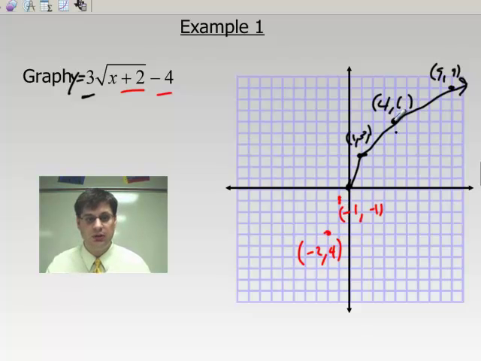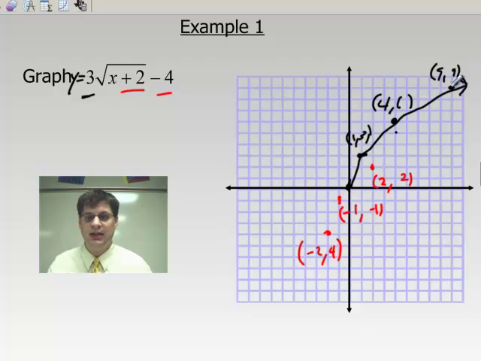And then 4, 6. Okay, so left 2, 4 minus 2 is 2, and then down 4, 6 minus 4. So that's going to be 2 and 2.